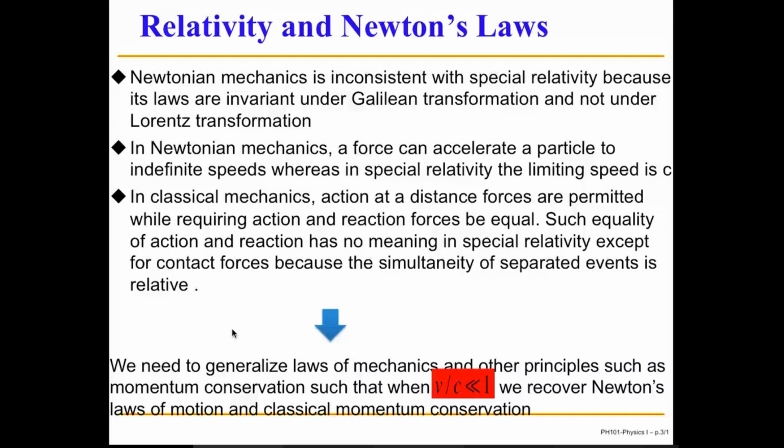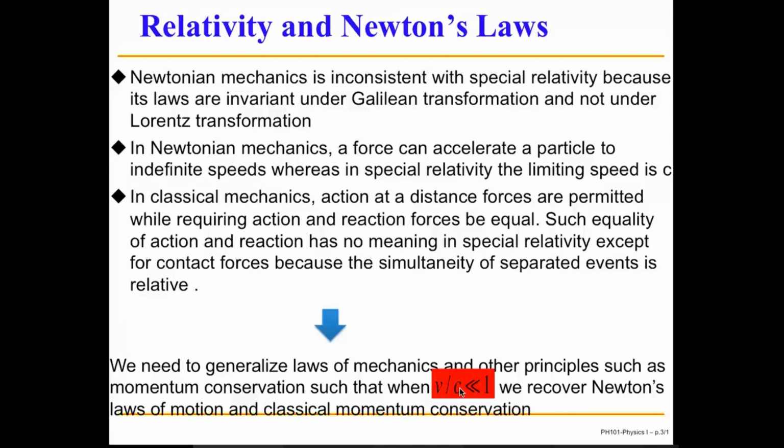Now, we know that the laws of conservation of momentum and energy are valid classically during this interaction. If we require that these conservation laws are also valid relativistically, and hence can be general laws of physics, we must modify them from the classical form so that under the condition that v/c is much less than 1, we get back the Newtonian form, the classical forms of the conservation laws.